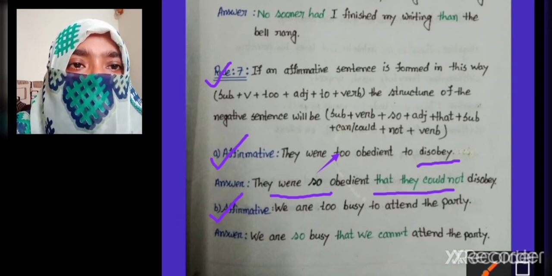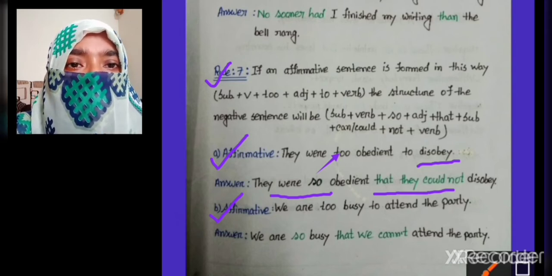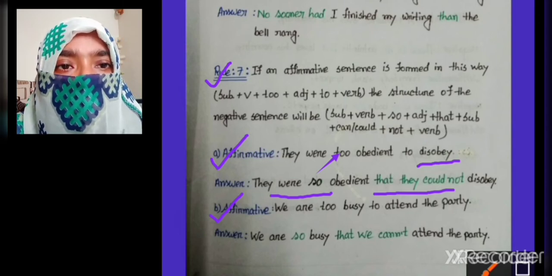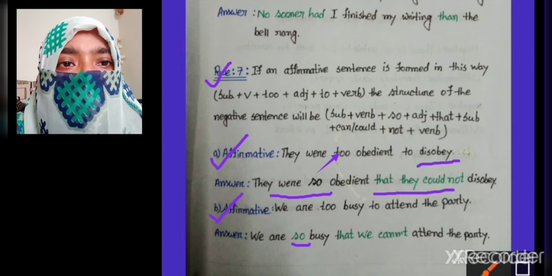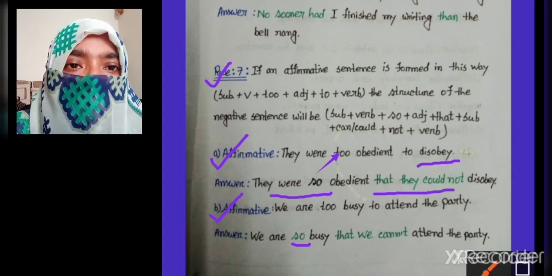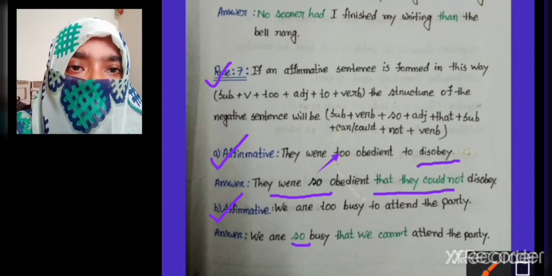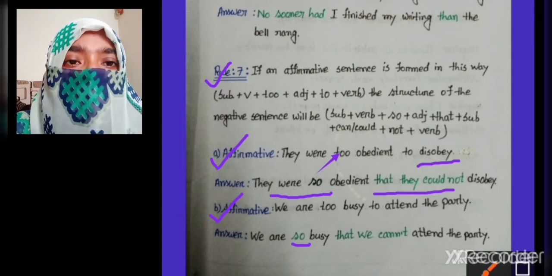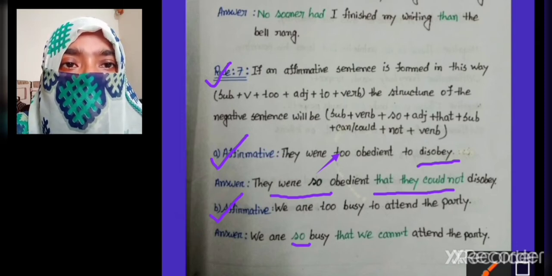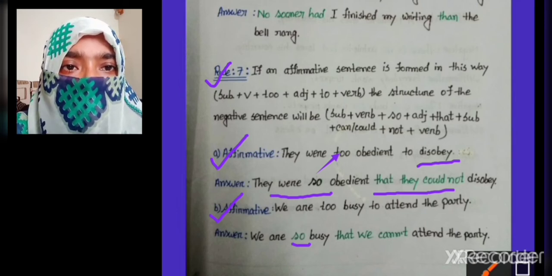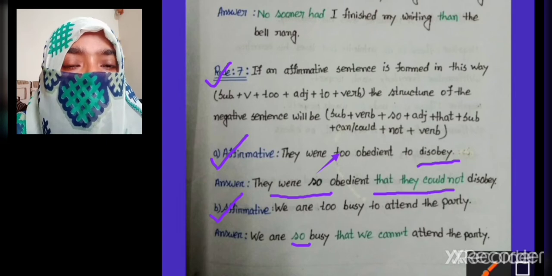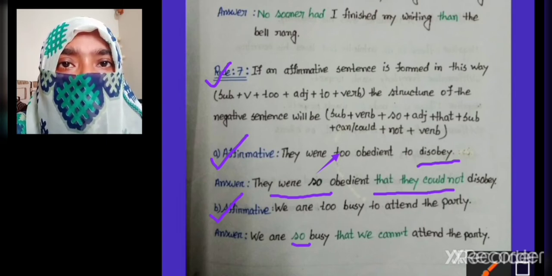"We are too busy to attend the party." The negative answer is, "We are so busy that we cannot attend the party." Dear students, here you can see we have also used here "so" instead of "too", and the subject and verb are in the same form as the affirmative sentence: "we are".